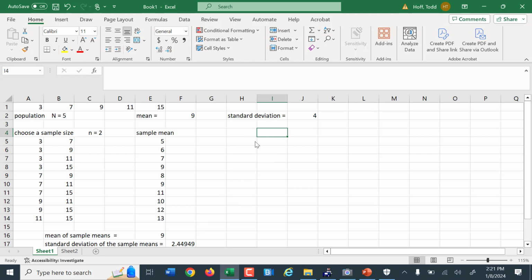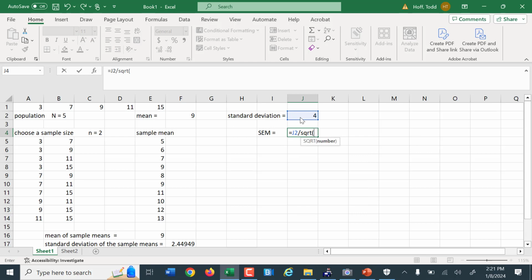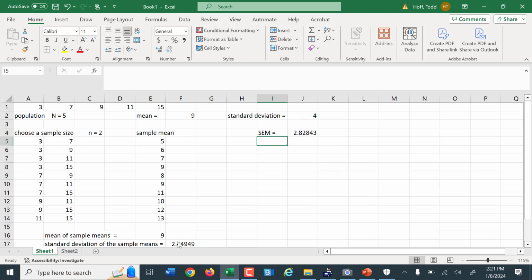If I were to take my standard formula, which is to take the population standard deviation divided by the square root of my sample size of 2, I'm not going to get this number here. I have to use the finite correction factor.